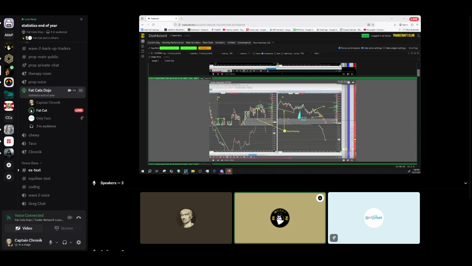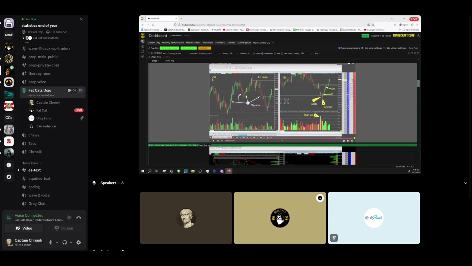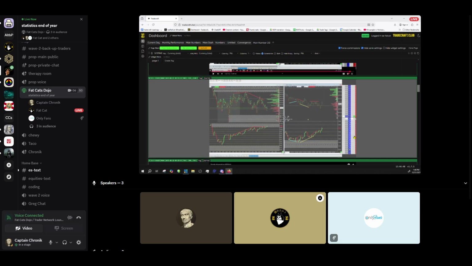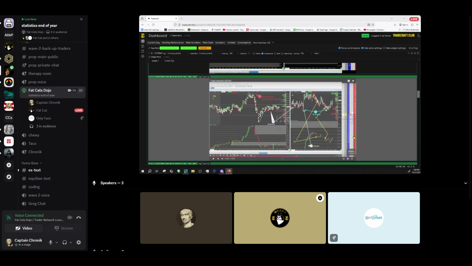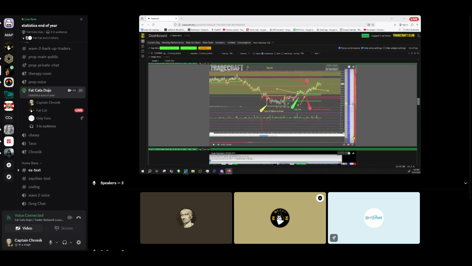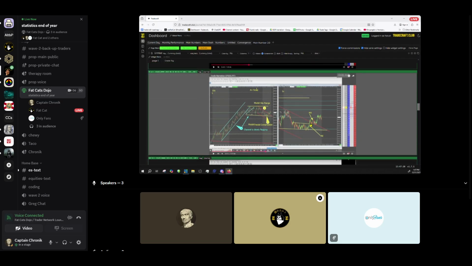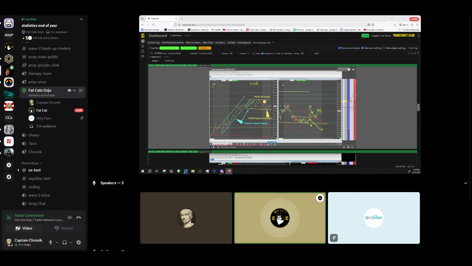Fractal slip range. Already looked at a lot of these. Model slip range.